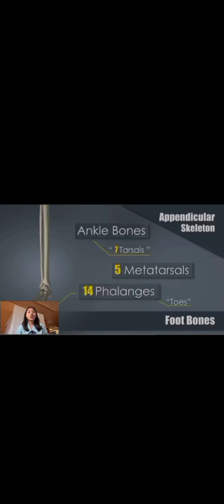The tibia is known as the shin bone, and the fibula runs parallel to the tibia. Attached to the lower leg are the 7 tarsals, known as the ankle bones. Attached to the ankle bones are the 5 metatarsals, and attached to these bones are the 14 phalanges, which are the toes. The heel bone is known as the calcaneus.